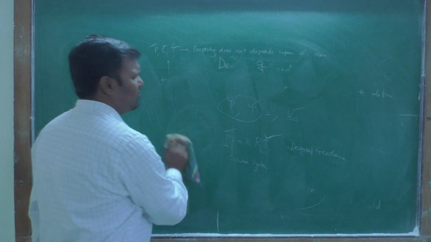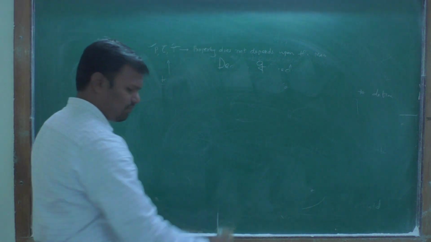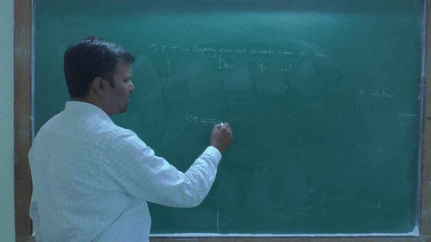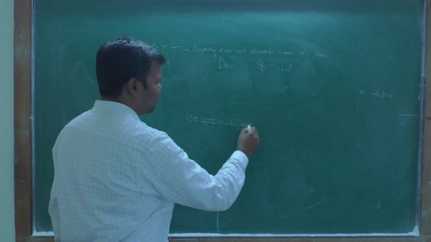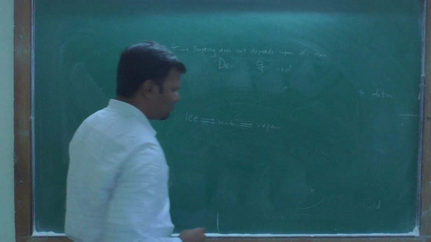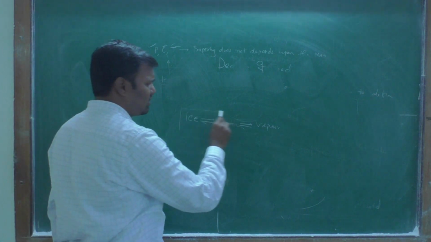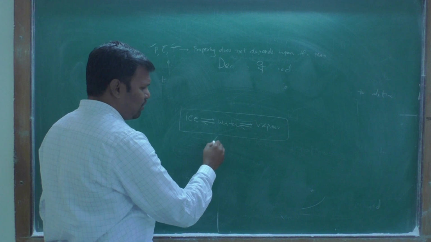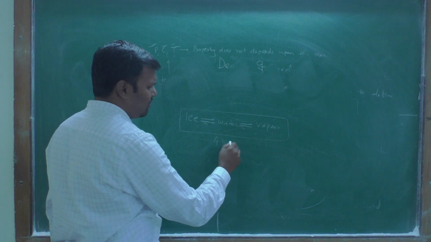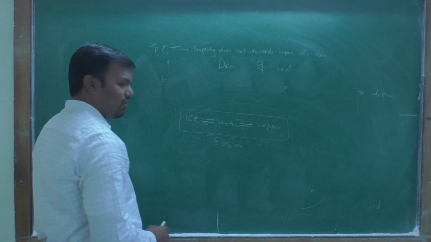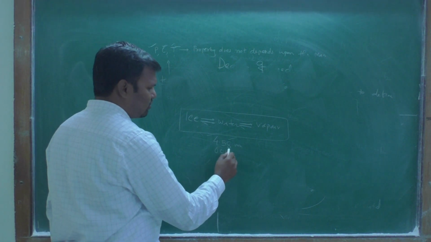Now we have a third system. Okay, ice is in equilibrium with water and water is in equilibrium with the vapor. This system exists at a particular pressure, 4.58 mm, and 0.01 Celsius temperature.